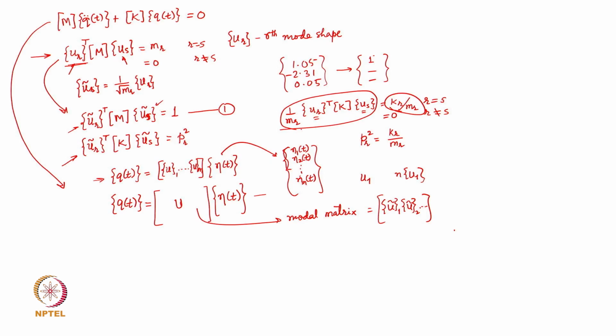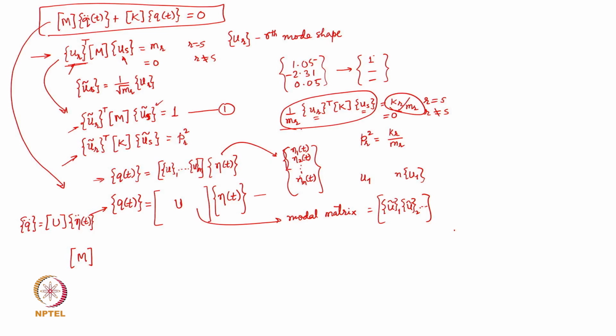Okay, now what do we do? We will now start looking at this equation and transform it from the physical coordinates to modal coordinates or principal coordinates. So, this capital M stays as it is, but now q I will replace. The way I use q double dot here, U is going to be your constant and eta being the time dependent harmonic functions.